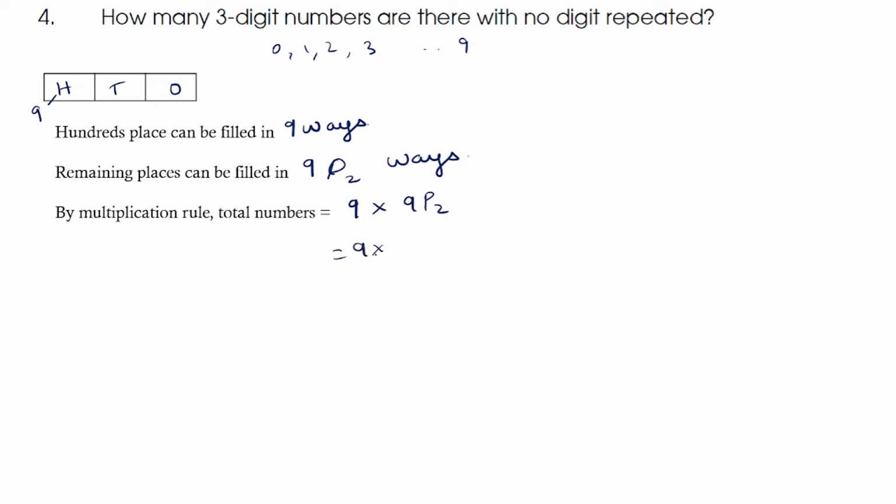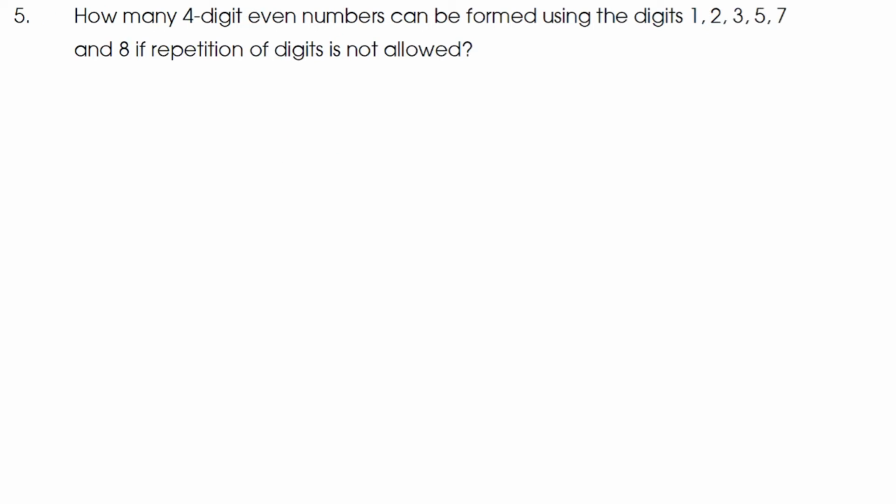Here 9P2 we can write as 9 into 8, because 9P2 is 9 factorial by (9 minus 2) factorial, which is 7 factorial, so it is 7 factorial into 8 into 9 upon 7 factorial. I have written it directly as 9 into 8. So this is equal to 81 into 8, which is 648. So this is the answer.